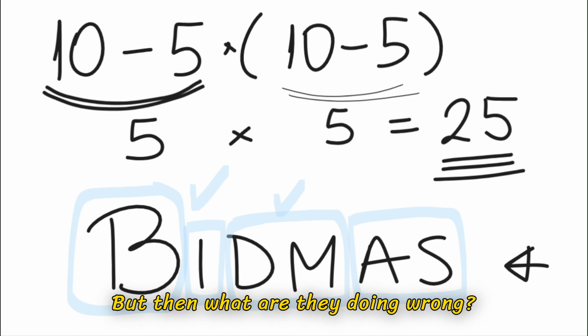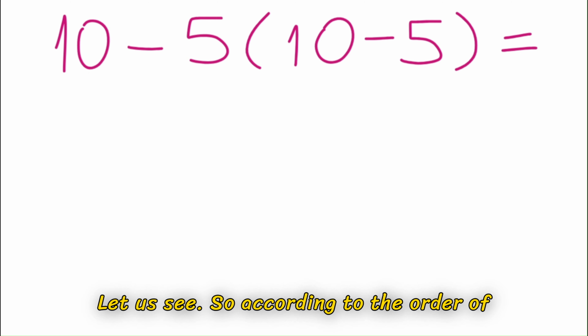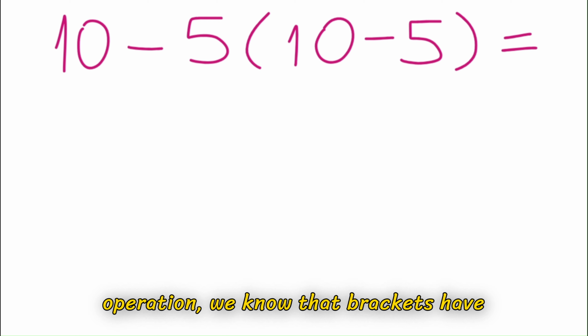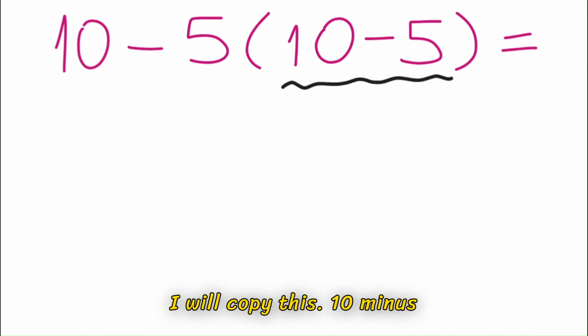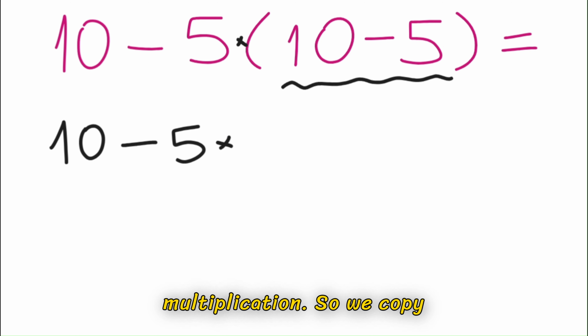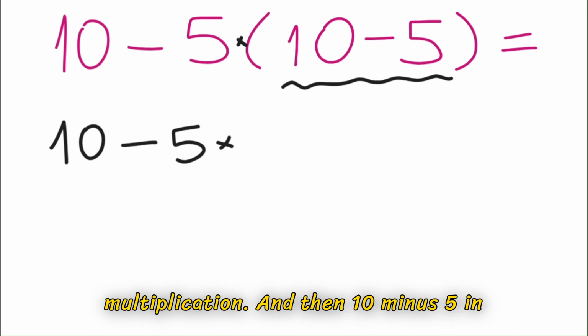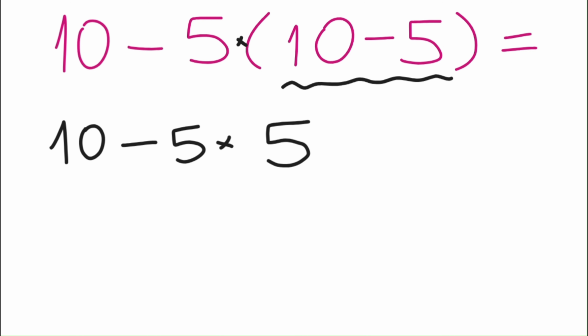But then what are they doing wrong? Let us see. So according to the order of operation, we know that brackets have priority. Alright, no problem. I will copy this. 10 minus 5, and then we know that this is multiplication, so we copy multiplication, and then 10 minus 5 in brackets is equal to 5.